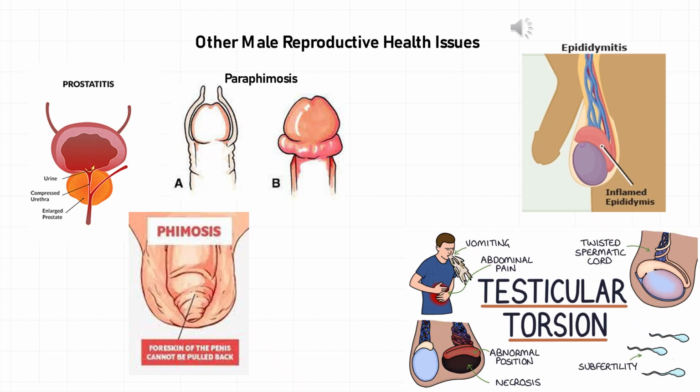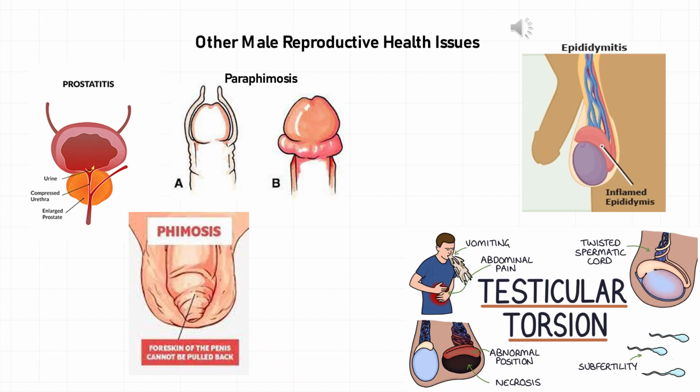Typically, the pain improves with elevation of the scrotum, and so that way we would know that it was the epididymitis. We can also diagnose it through STI testing, a scrotal ultrasound to rule out our next discussion, which is testicular torsion, and a urinalysis, which will oftentimes show an infection.